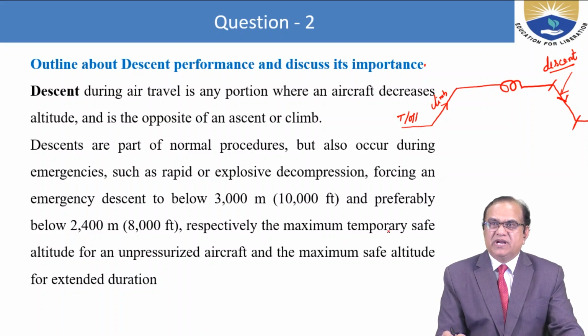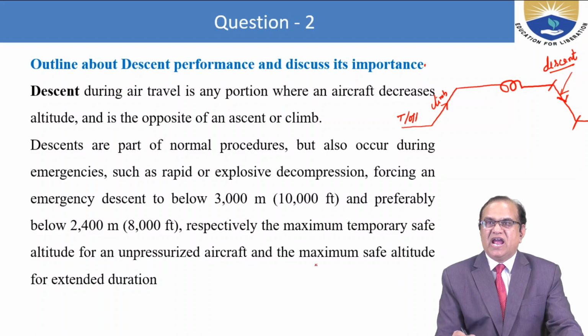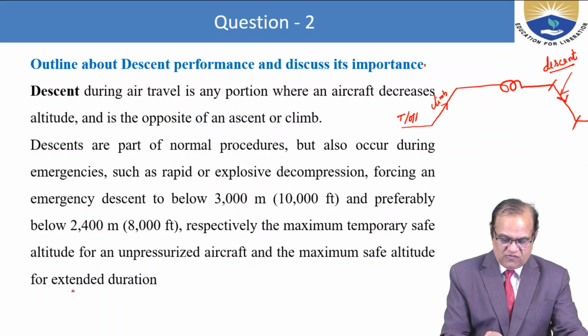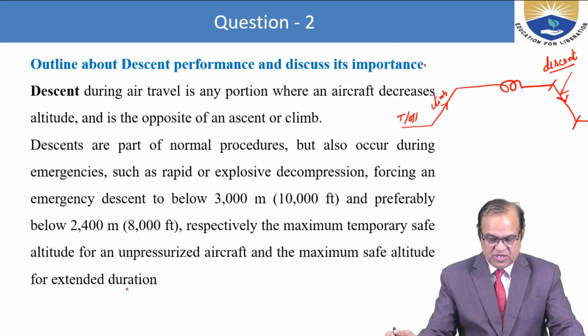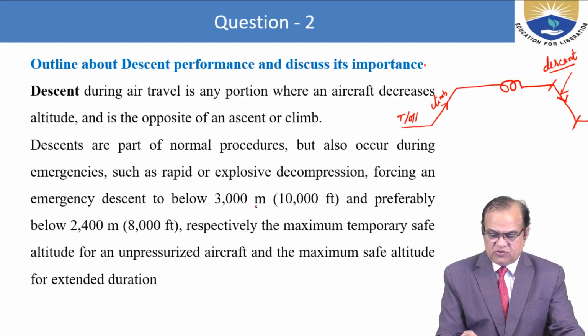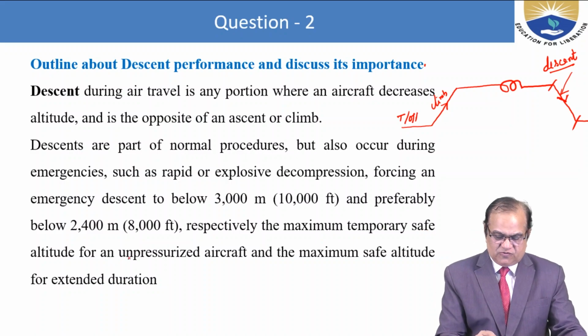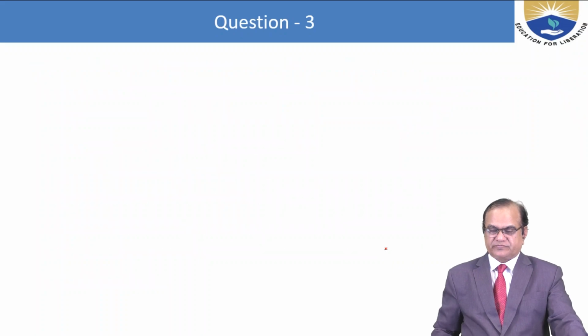These are the maximum temporary safe altitude of an unpressurized aircraft and the maximum safe altitude for an extended duration. So, in case of emergency, the aircraft has to fly down to 3000 meter, or it can fly at 2400 meter, the maximum safe altitude for an unpressurized aircraft.